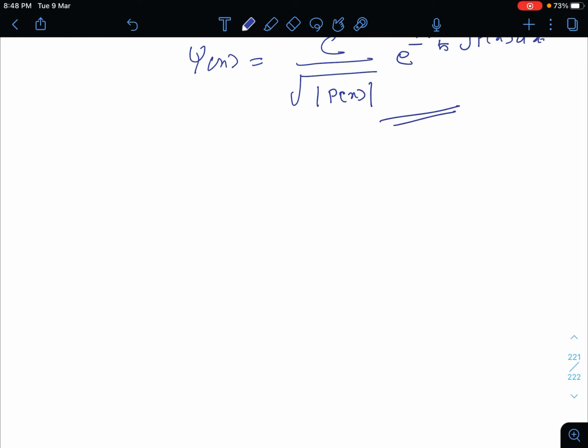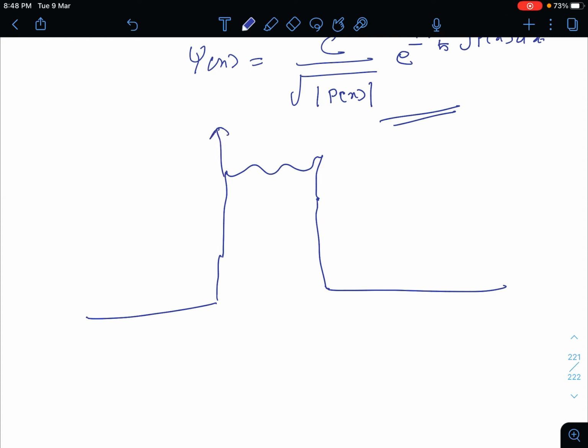So let's consider some bumpy potential barrier. Okay, you have a wall like this. So this is the V of x. Now a particle comes, this is the energy level, the particle energy is this. So in this region, let us say 0 to a, the potential is higher than the energy of the particle.